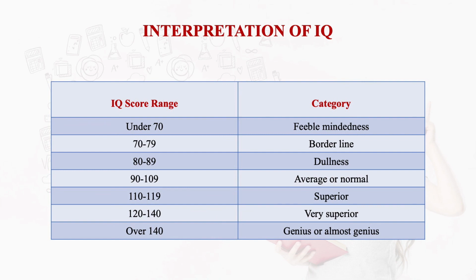If it is 120 to 140, then very superior category. If it is over 140, then you can say that the child is genius or almost genius. So friends, accordingly you can find out the IQ by administering an intelligence test, by defining the mental age as well as the chronological age.